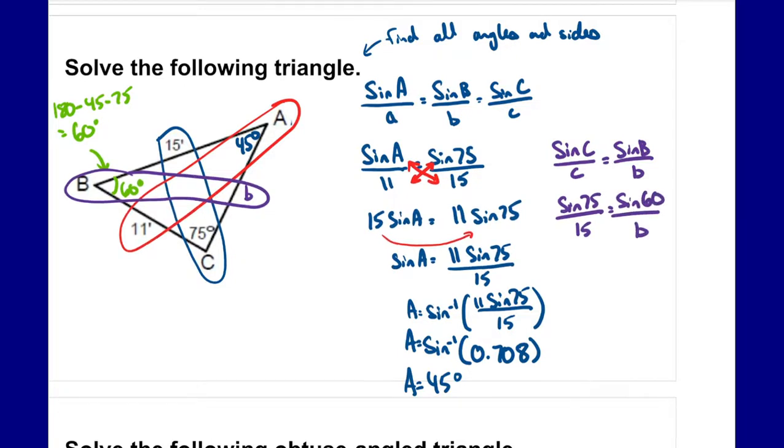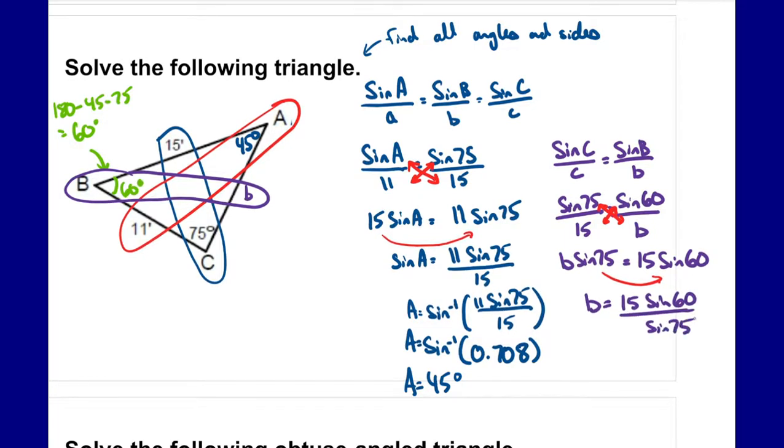Once we've filled out all the information, we cross multiply. We're left with b sine 75 is equal to 15 times sine 60. I then have to move the sine 75 over and divide that out. So 15 sine 60 divided by sine 75 is going to equal my side length.